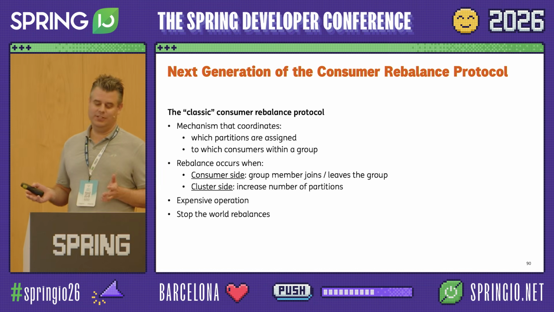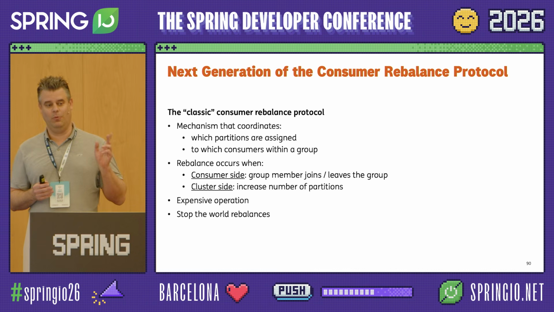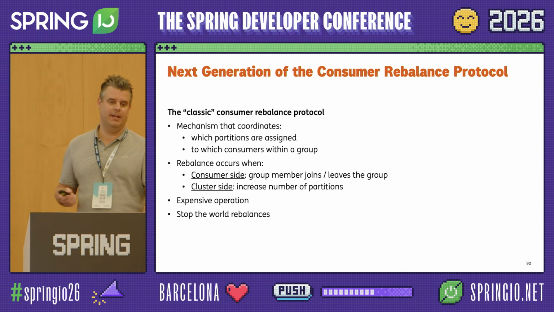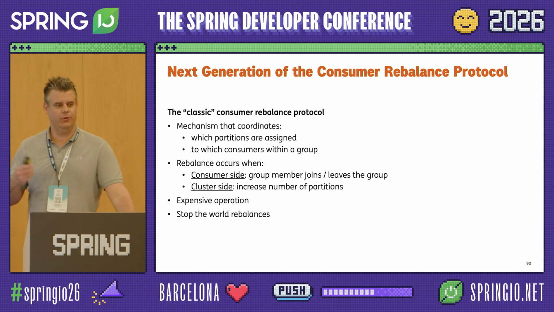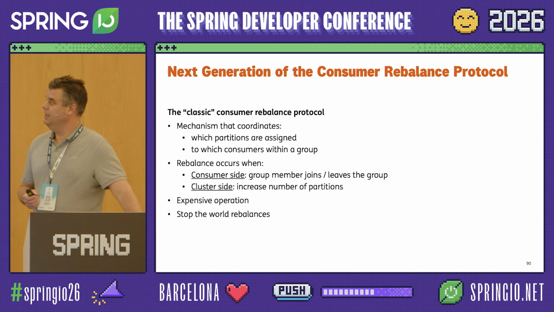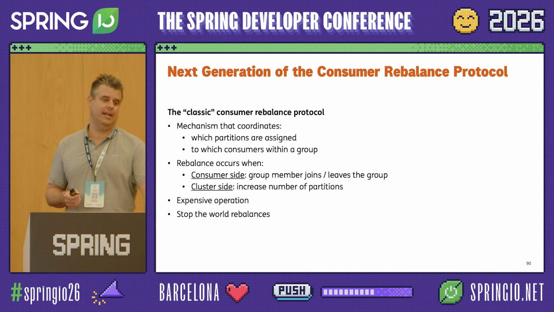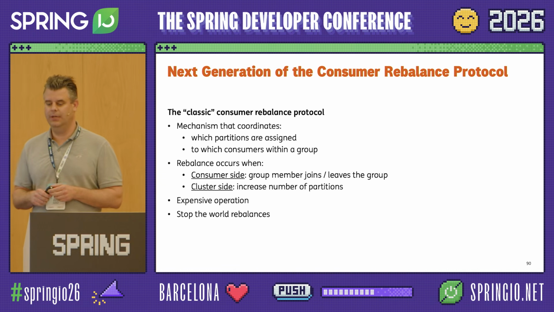There are now basically two rebalance protocols for normal consumer groups. The one is classic that you're used to, and there is also now a rebalance protocol that's called consumer. But let's first understand how it works under the hood. Because with the classic consumer protocol, it's basically to assign partitions to consumers in the group.